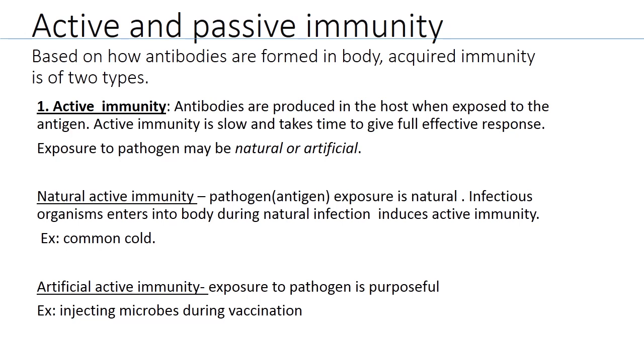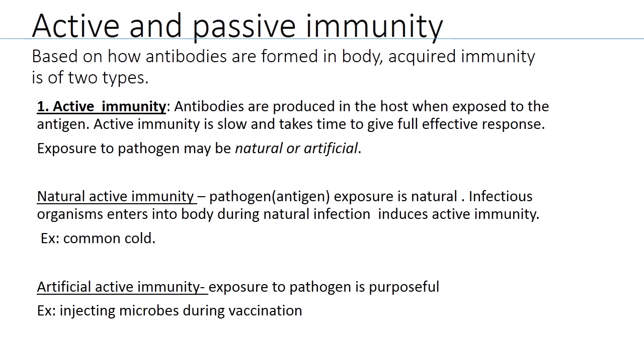Then artificial active immunity. In this case, a person will be injected with the pathogen purposefully. That means intentionally we are injected with the pathogen. But the pathogen will not cause any kind of disease here, because the pathogen is not active. We are injected with inactive pathogen only to boost our immune system to destroy the pathogen in a future attack.